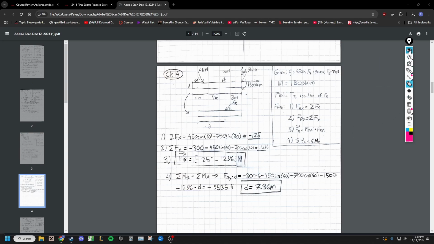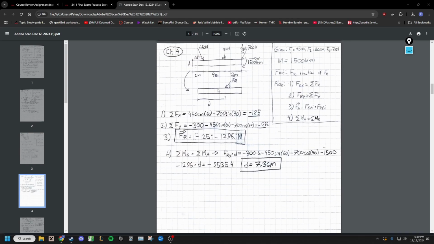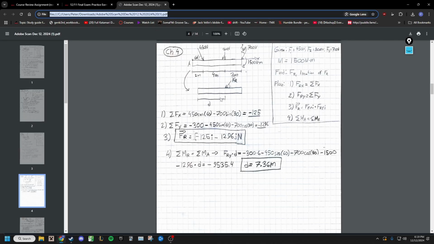And then to find the distance of it, we will first have to assume where the F_R acts. I just assume it acts at some point in the middle, because it wouldn't make sense for it to act to the left of A, just given the diagram. And to do that, we just set the F_R y times d.